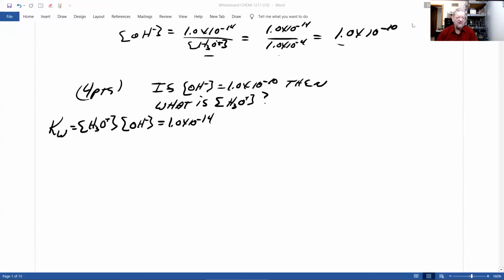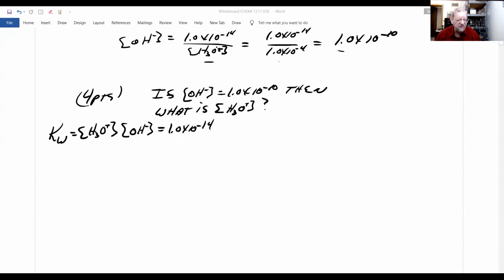So let's get to work. What are you being asked to find? The hydronium ion concentration. What are you given? The hydroxide ion concentration. Remember, in a bracket, that means moles per liter concentration of whatever chemical is in there.